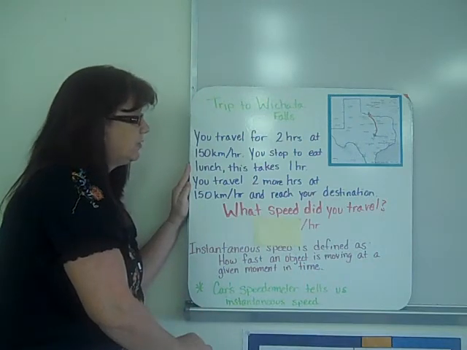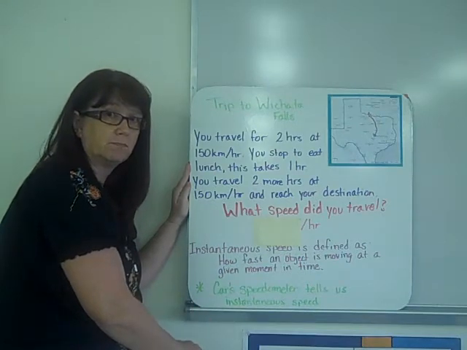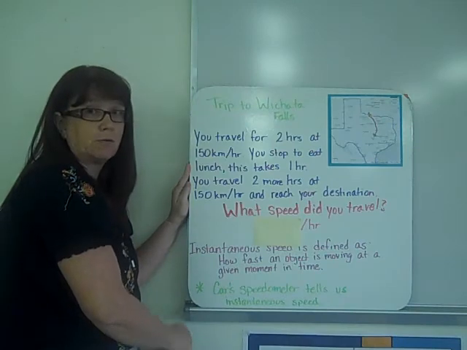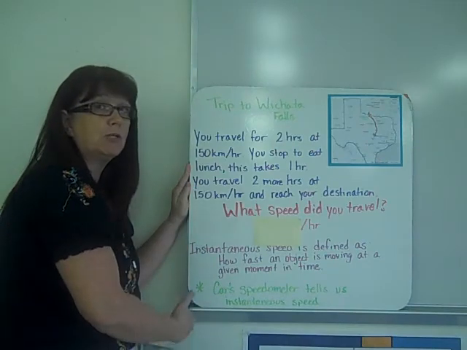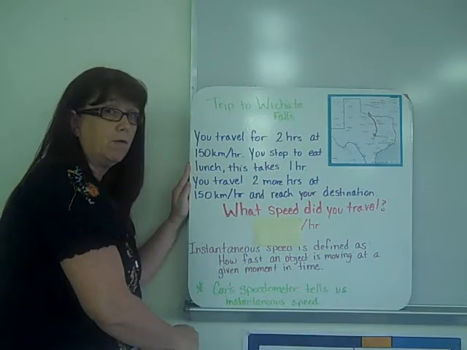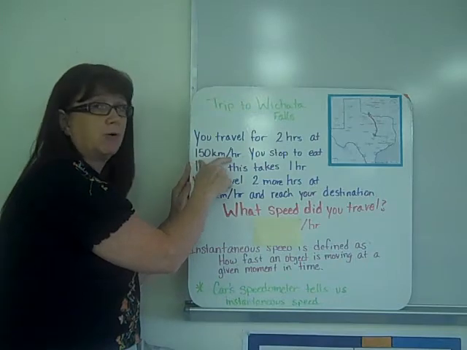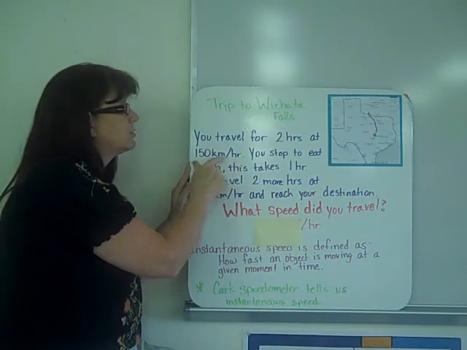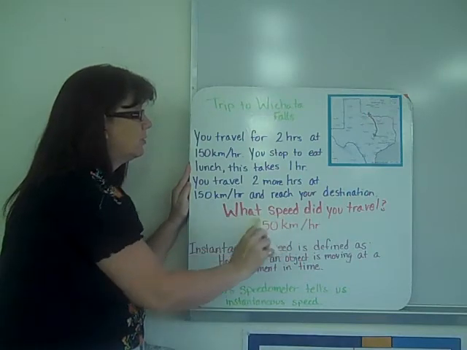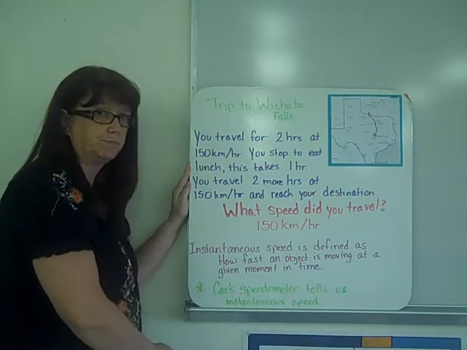So my question to you is, what speed did you travel? If you look at the statements, you can determine the speed that you traveled. The only speed that is ever mentioned is 150 kilometers per hour. So for every hour that you traveled, you were traveling 150 kilometers per hour.